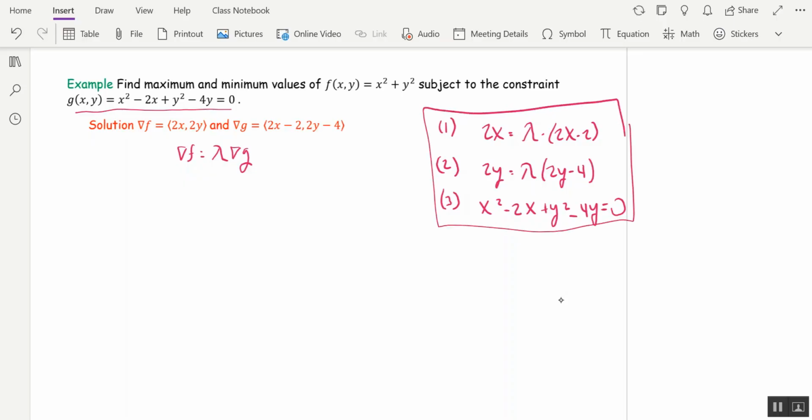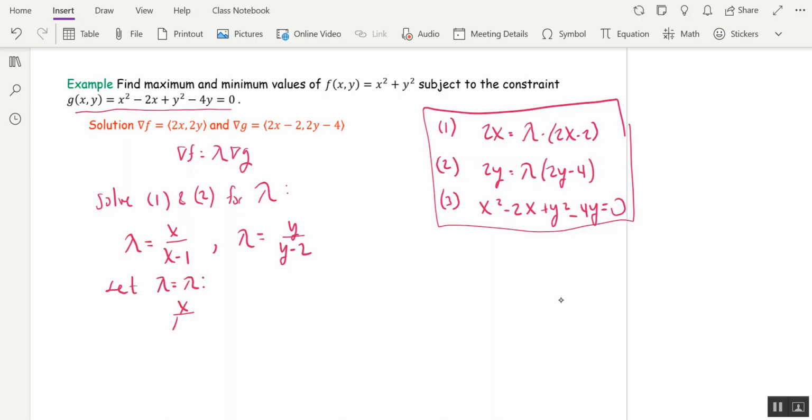So again, I'm going to solve 1 and 2 for lambda. When I do that, in equation 1, I'm going to factor out the 2's, and I'll just get lambda is x over x minus 1. And in the second equation, lambda is y over y minus 2. And now I'm going to set lambda equal to lambda.